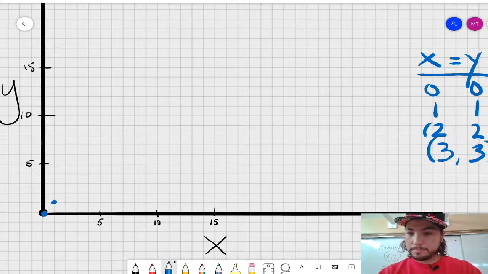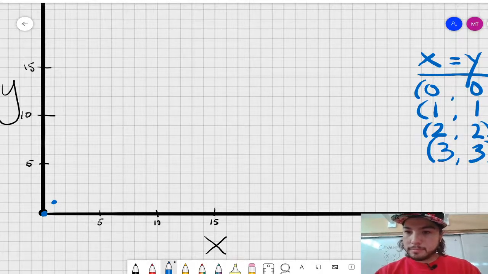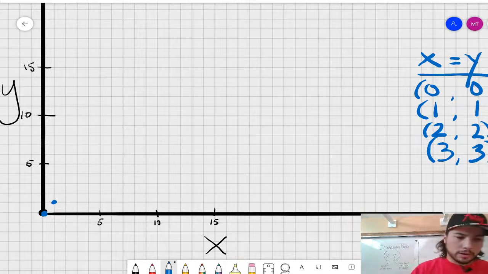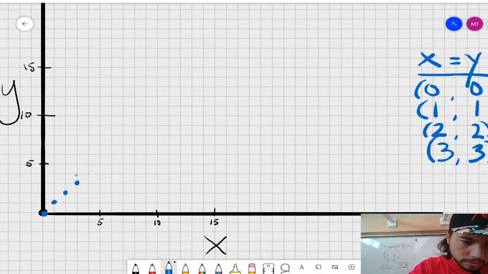And all we're doing is plotting these on our coordinate plane. So 1 and 1, 2 and 2, 3 and 3, 4 and 4, 5 and 5, and so on until the cows come home.